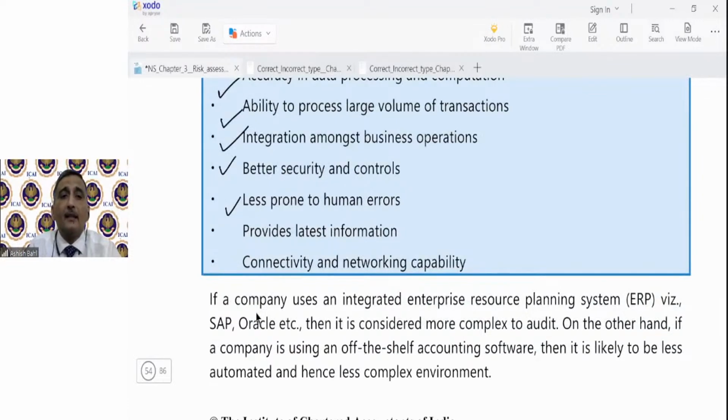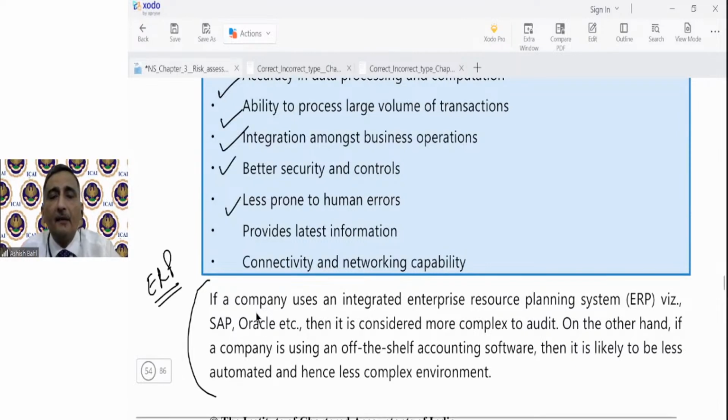So students, some companies these days use systems like ERP. What does ERP mean? ERP is enterprise resource planning. You have heard the names of companies like SAP, Oracle. These provide software. SAP is a German company.